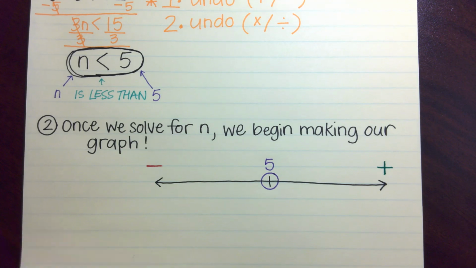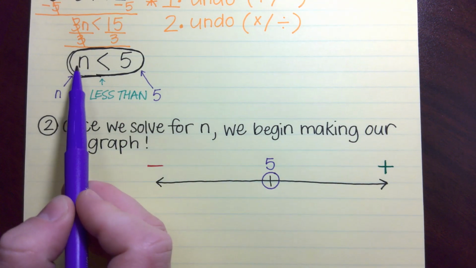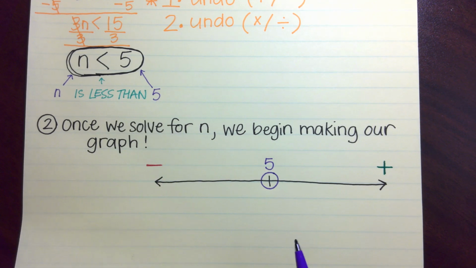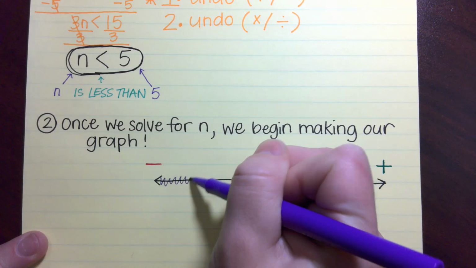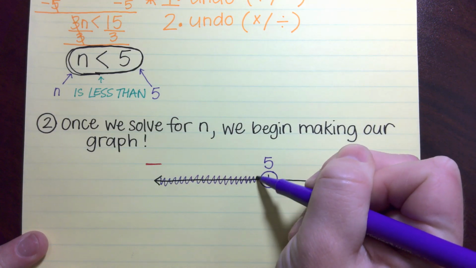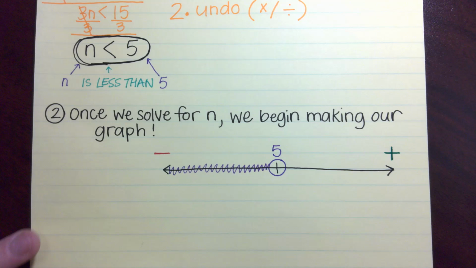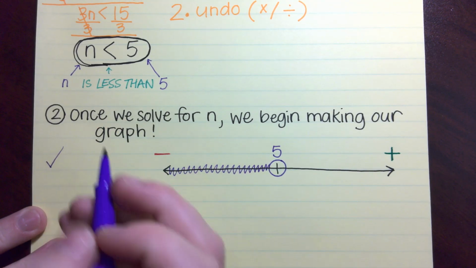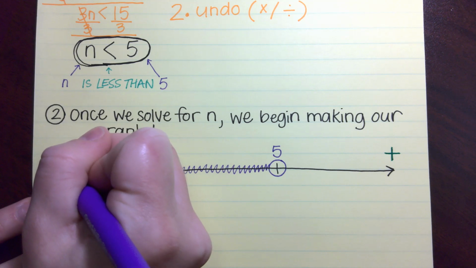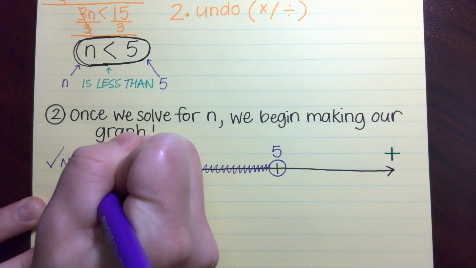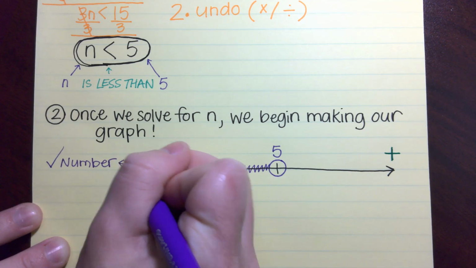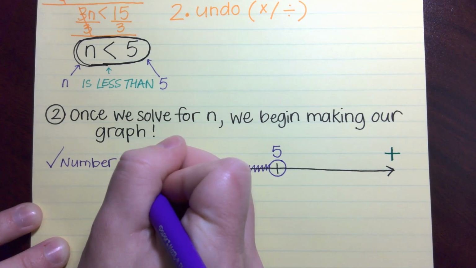Okay. And last but not least, if n is less than or smaller than 5, which direction shows numbers smaller than 5? To the left. Good. So here's our little checklist of what needs to be on our graph. The first thing is your number labeled. So that's just whatever this is.